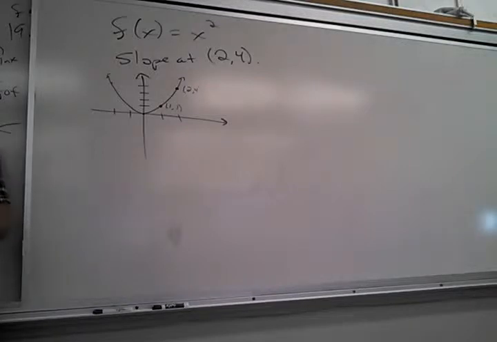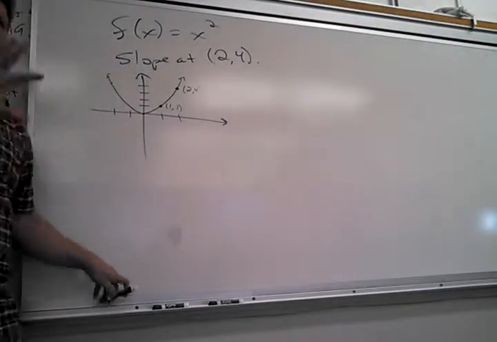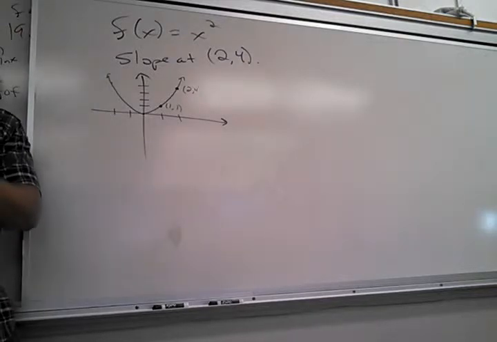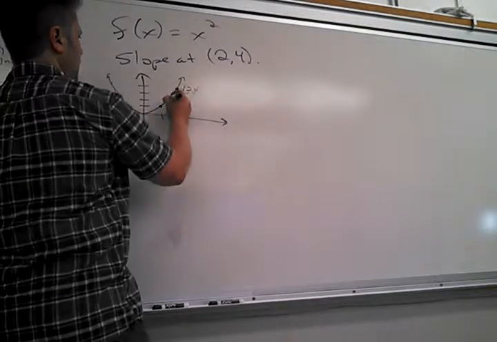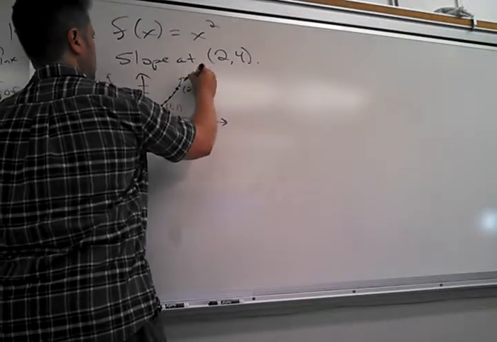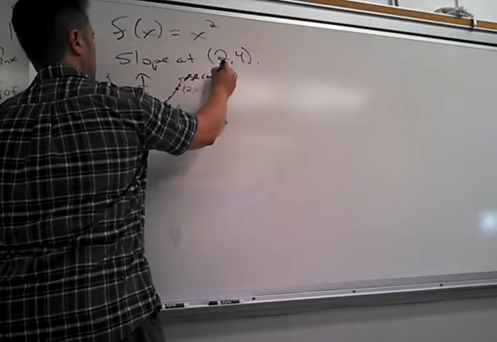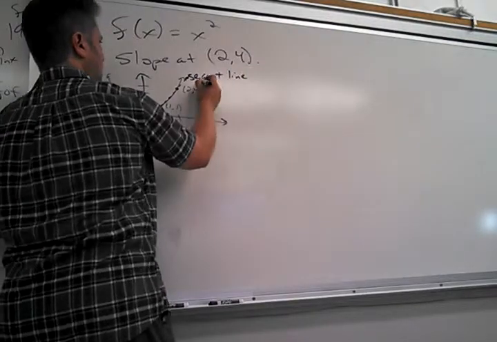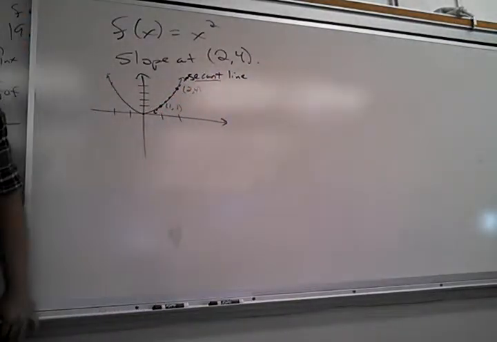Now this is what would be called a secant line. Notice how these are all trig words. Interesting. So if I have the line between these two points, that's the secant line. That's from the Latin meaning intersecting, and tangent is from the Latin for touch.